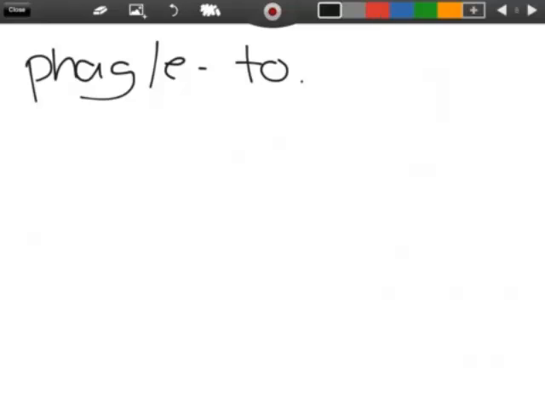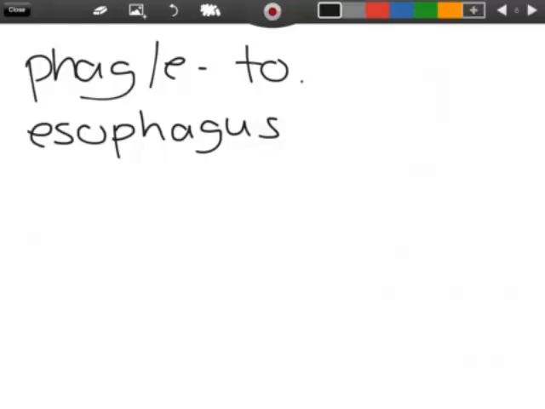I'm going to give you an example, and that is esophagus. I'm going to underline the root here for you guys so you can see it much more clearly.